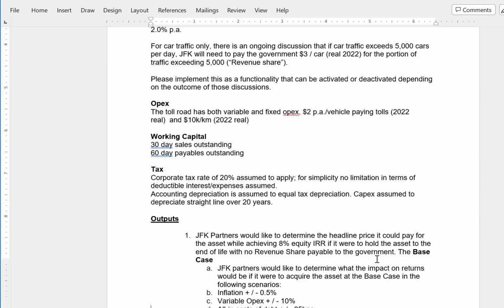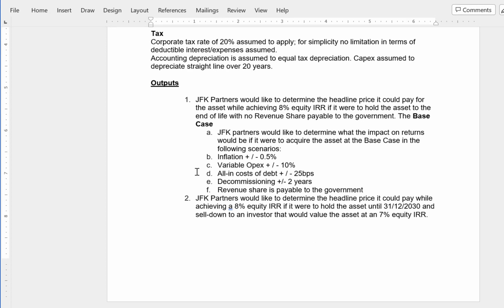Okay, before we get started, let's just fix a few things. Down here, we have to put in the debt, the OPEX plus or minus 10%, the debt cost plus or minus 25 bips, or not basis points, 0.25%, decommissioning plus or minus 2 years, revenue payable scenario.